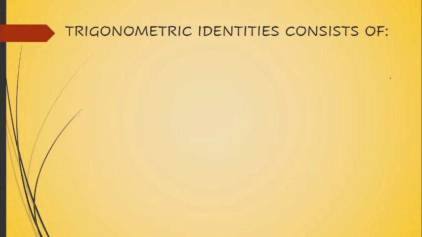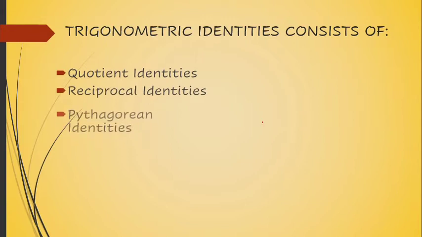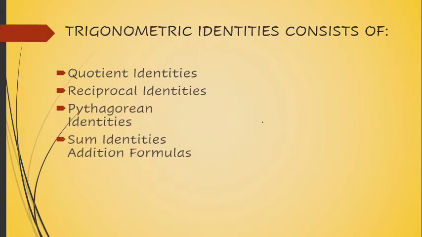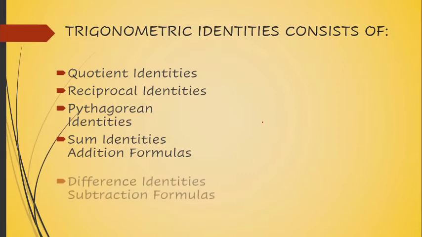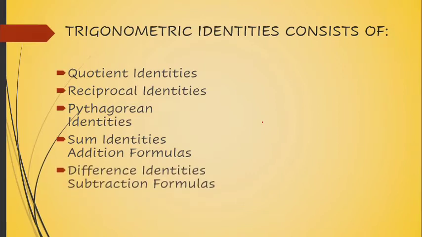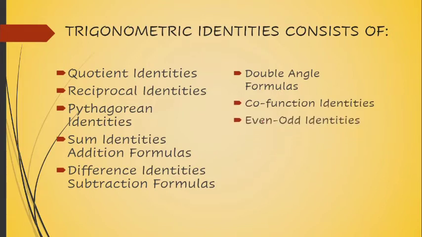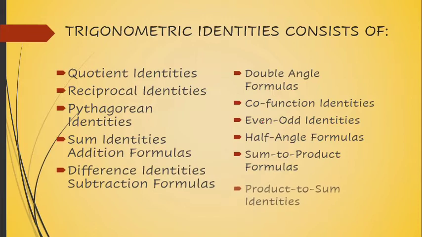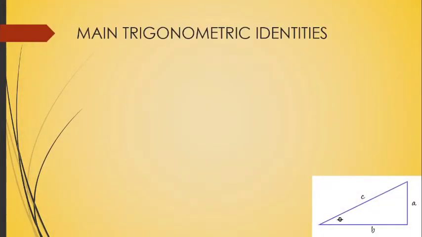Now, the trigonometric identities consist of quotient identities, reciprocal identities, Pythagorean identities, sum identities or addition formulas, difference identities or subtraction formulas, double angle formulas, cofunction identities, even-odd identities, half angle formulas, sum to product formulas, and product to sum identities. Let's start with the main trigonometric identities.